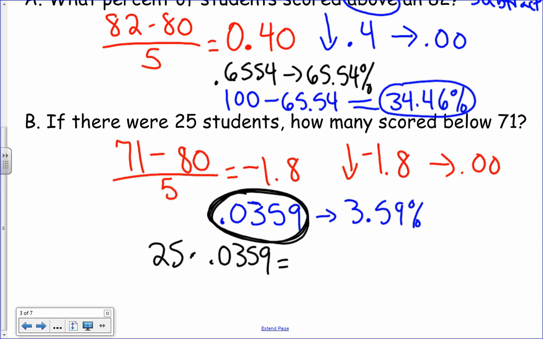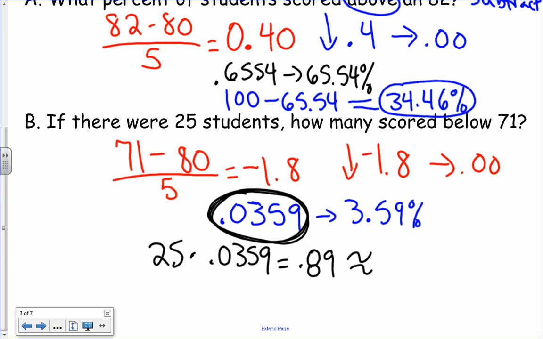Now remember, we got to round to a whole number because we're talking people, okay? What'd you get? 0.89, so it's about how many people? One person. 0.89, right?